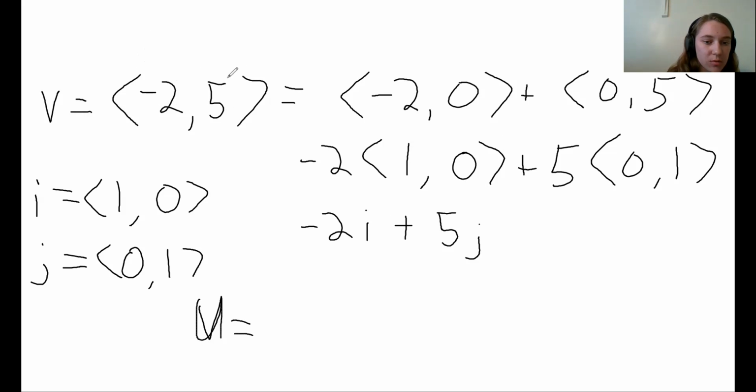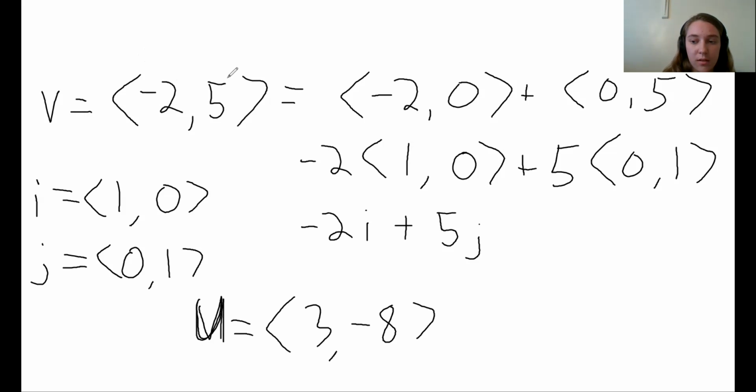If I gave you the vector, let's call it u, the vector 3, negative 8, that would be equivalent to 3i, because that is your horizontal component, and then minus 8 is your vertical component, so it's attached to the j.